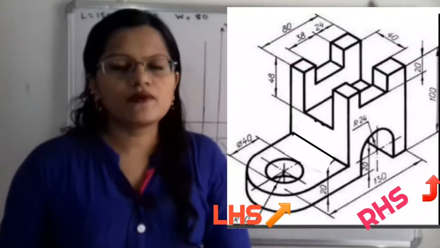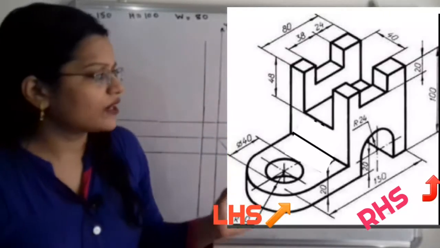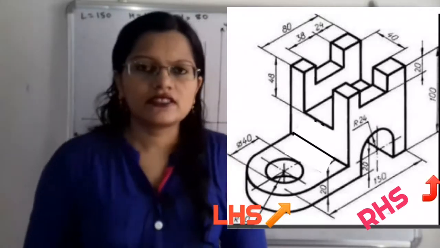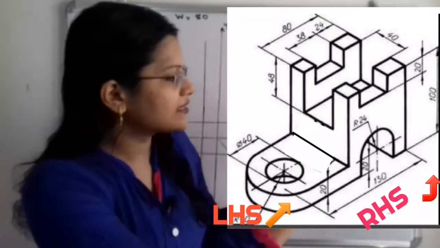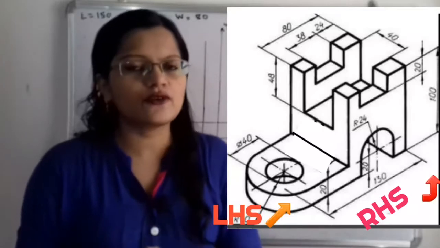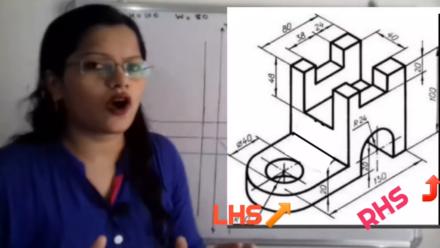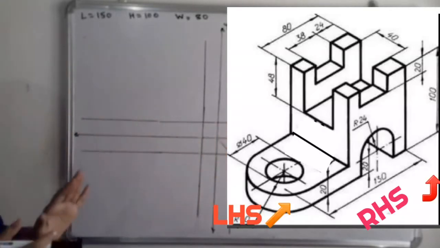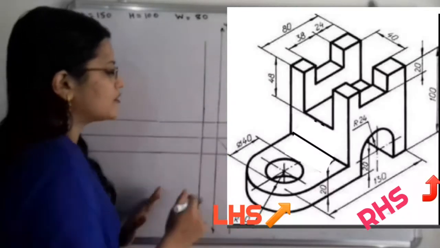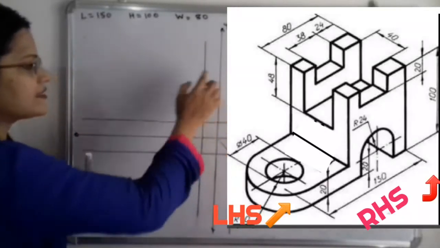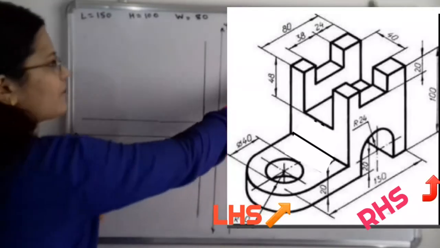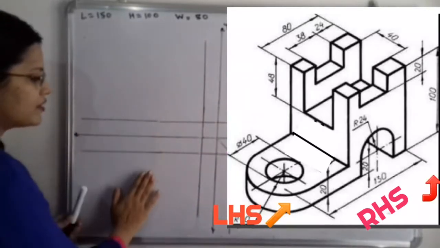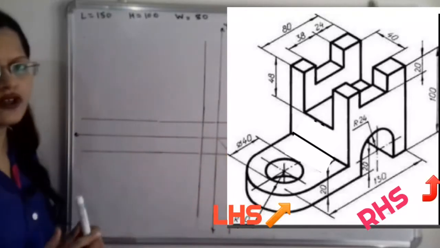Now we will move to the front view. What does the front view indicate? If we select the right hand side as the front view, then we have to plot this front view on the left hand side of this structure. Because of the x-axis and y-axis, here is the first quadrant, second quadrant, third quadrant and fourth quadrant.